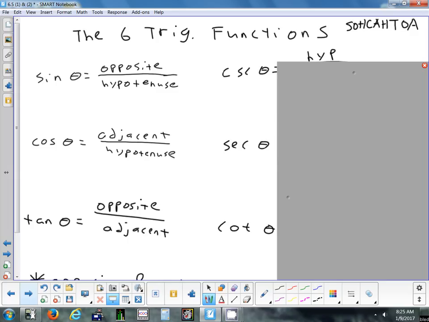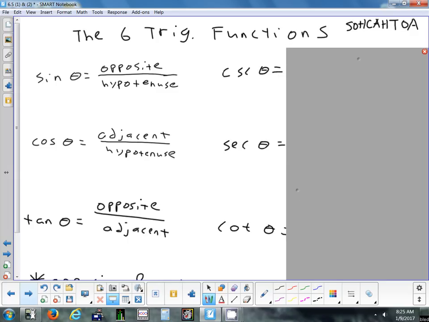Yeah, they are the reciprocals. So to get the reciprocal, what does that mean you do? You flip. So that means the cosecant would be what over what? Yeah, hypotenuse over opposite. How about the secant?